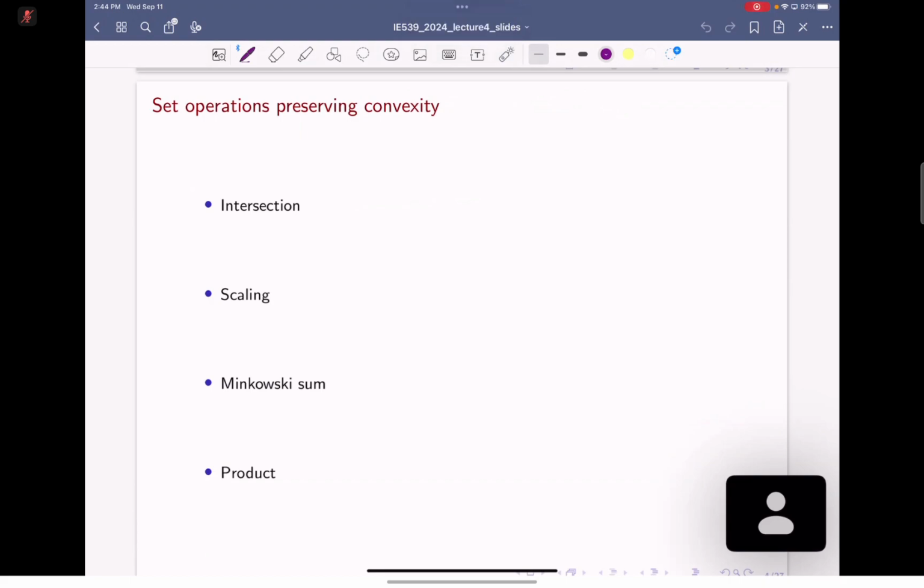So, intersection. The intersection of C_i, for i belonging to some index set I, is convex for any family of convex sets.